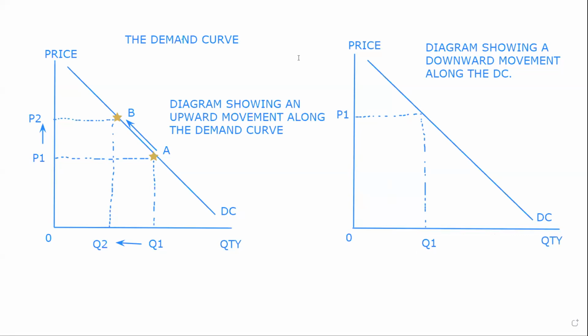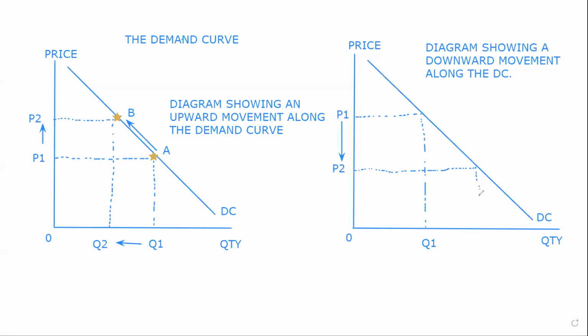Price is going to decrease from P1 to P2. What will happen? Let's say we don't know. Let's just see what happens when price decreases from P1 to P2. So I'm going to keep going until I hit the demand curve. All right, so I hit the demand curve.